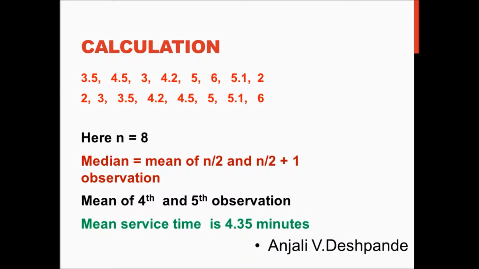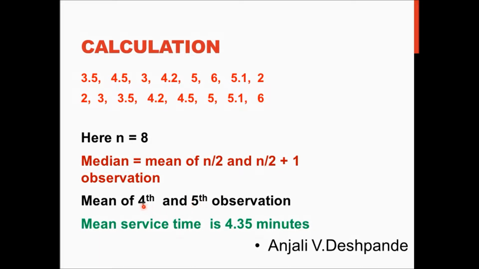Likewise, supposing in place of odd, we have an even number of observations. Here we have 8 observations. In that case the median is the mean of the n/2th and the (n/2 plus 1)th observation. So n/2 is 8 divided by 2, that is 4, and 4 plus 1 is the 5th observation.